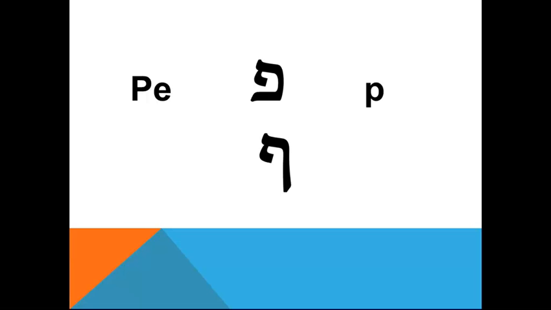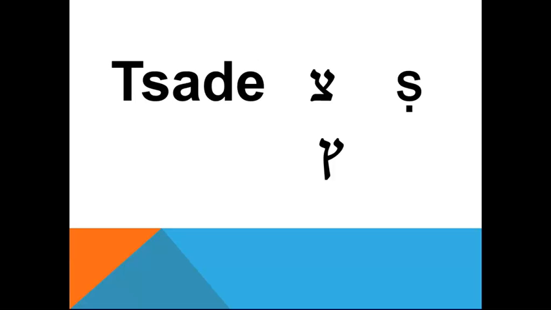Aleph, Beit, Gimel, Dalet, He, Vav, Zayin, Ket, Tet, Yod, Kaf, Lamed, Mem, Nun, Samekh, Ayin, Pei, Tzadeh. Tzadeh is a letter that we don't have in English. It's transliterated with an S with a dot under it. It's like a TS sound, Tzadeh.